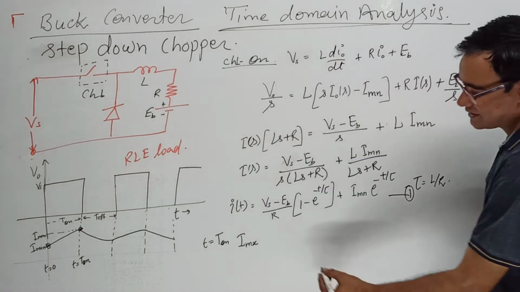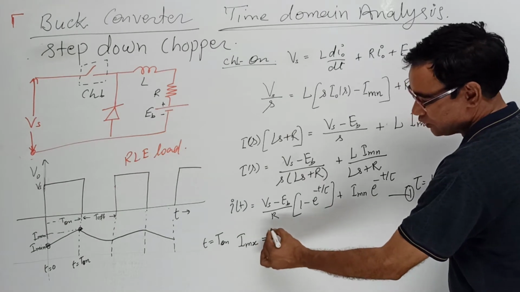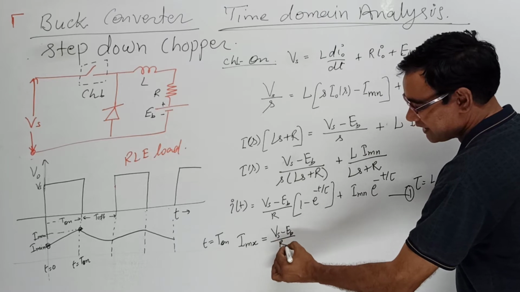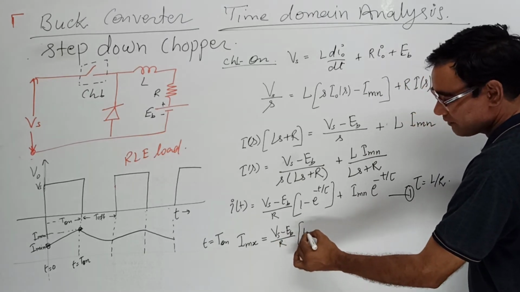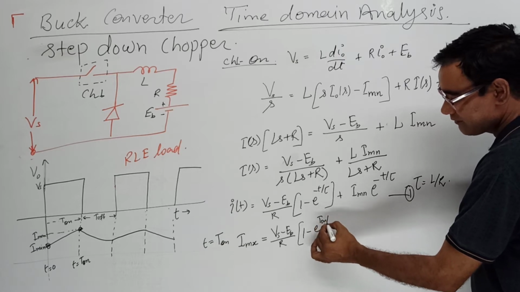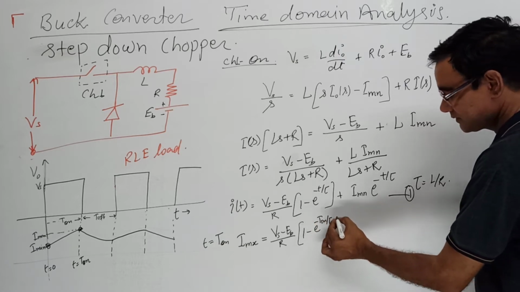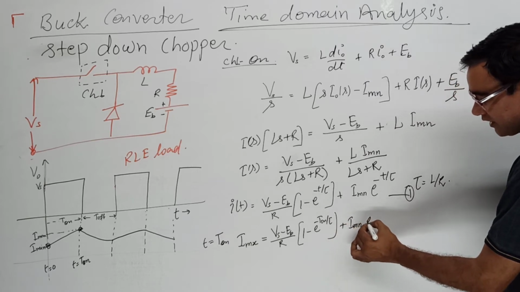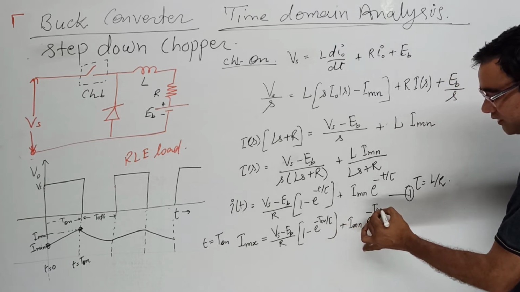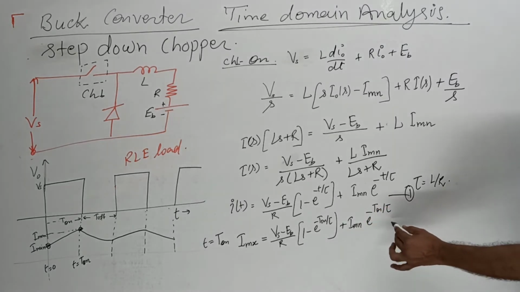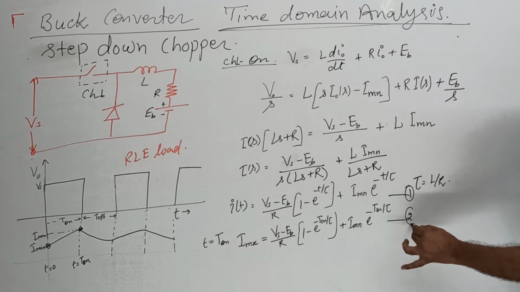So I max is equal to (Vs minus Eb) divided by R times (1 minus e raised to power minus T on divided by tau) plus I minimum e raised to power minus T on upon tau. So this is equation number 2.